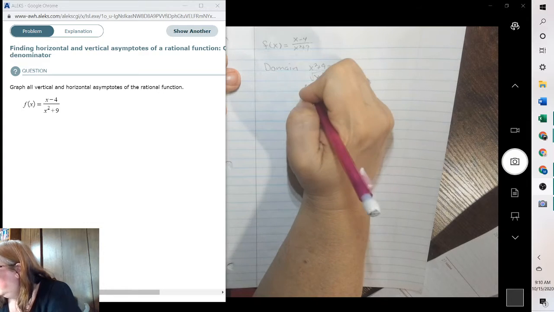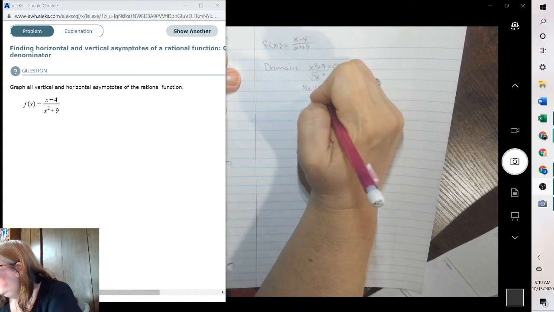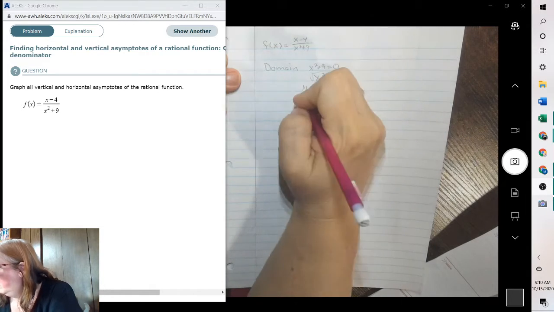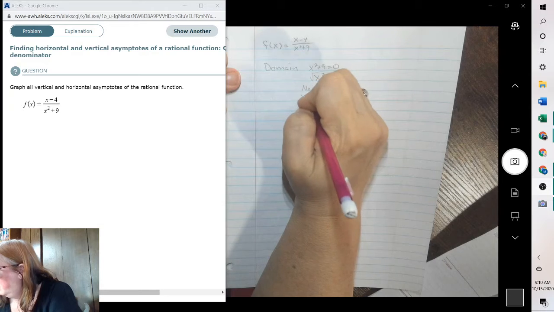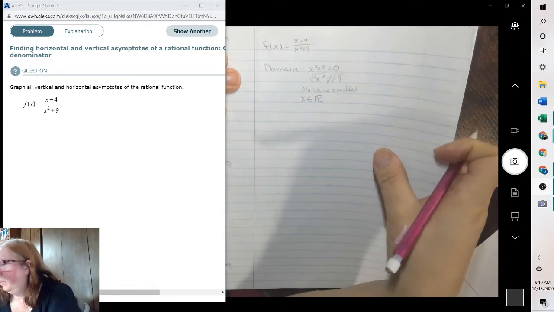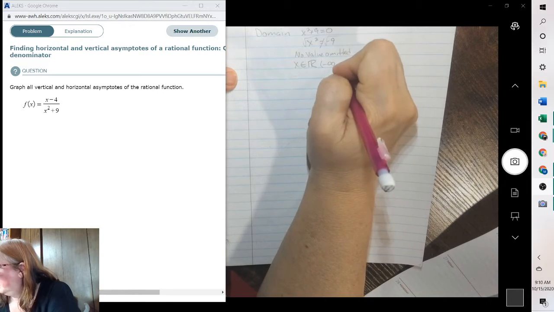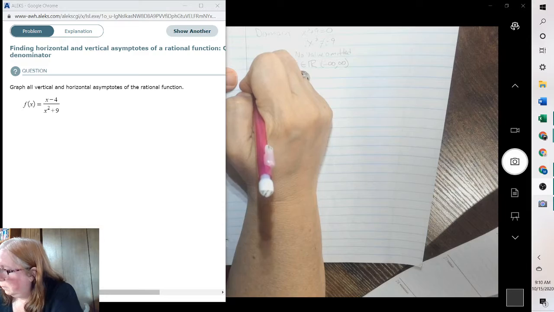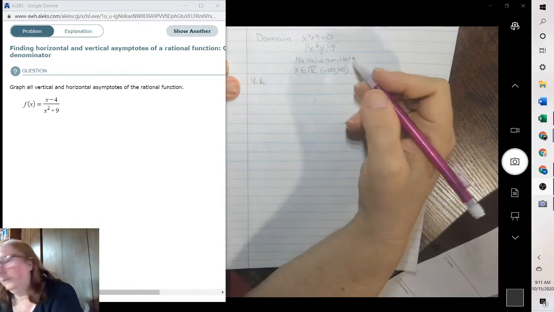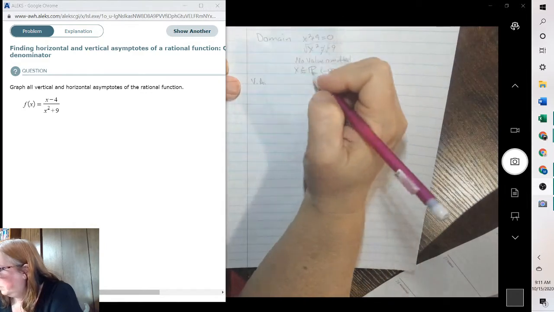So there's no value omitted, which means the domain is all real numbers, or negative infinity to positive infinity. That means there's no vertical asymptote, because if nothing's omitted from the domain, there's no vertical asymptote.